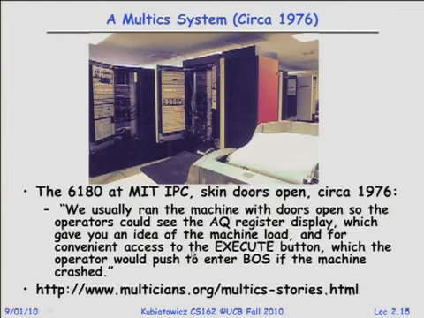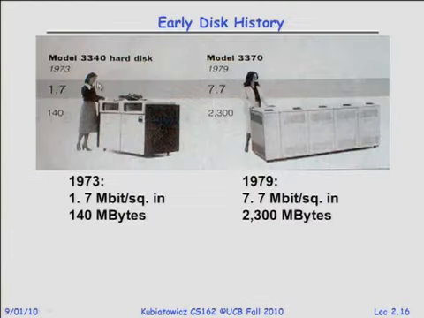Okay? So the last thing we'll talk about before we talk about administrivia is disks. I love these early pictures of disk drives. I don't know if this is like a Ferrari where you have the person sitting by this screaming 140 megabyte machine. This thing looks like a washing machine, but this is 140 megabytes.